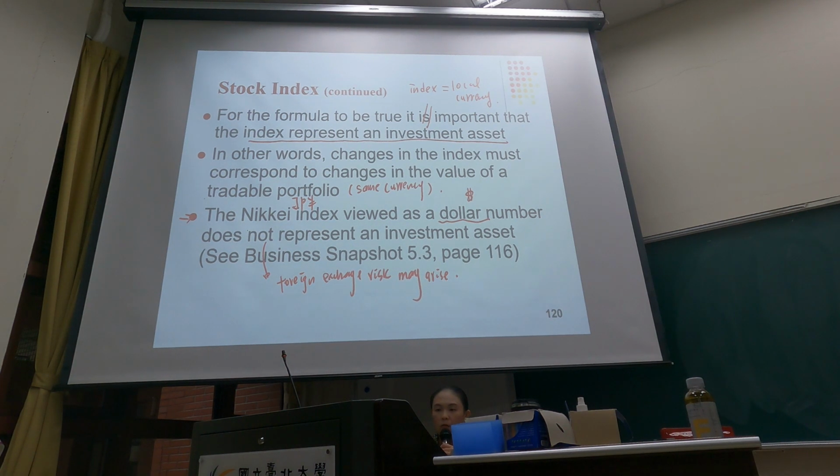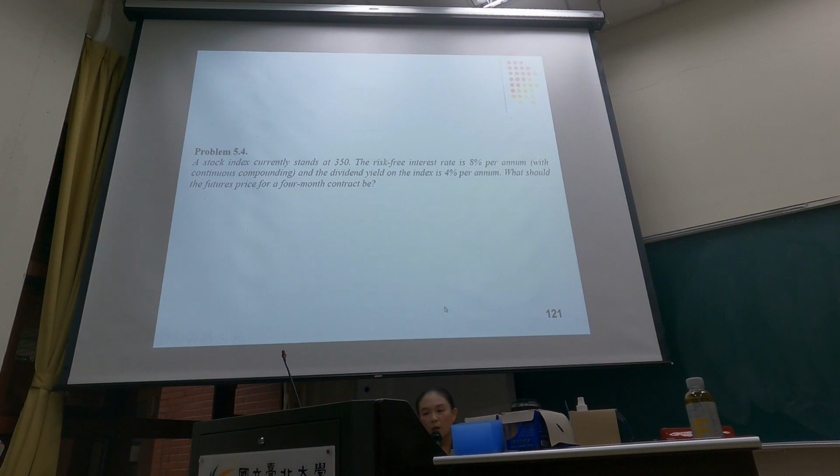So let's continue. Check out this question. A stock index is currently at 350. That's in points, so S0. The risk-free rate is 8% per annum, that's R. And the dividend yield is 4%, that's Q. What should be the futures price for the 4-month contract? Remember, T equals 4 months divided by 12 months.